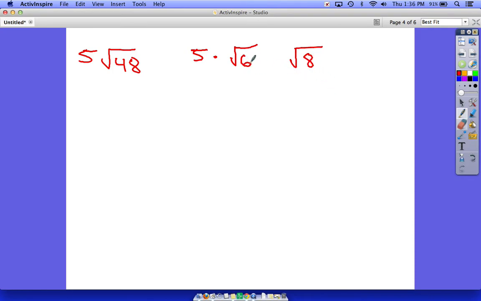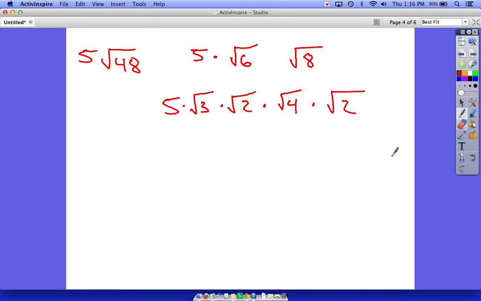Now, neither of these are perfect squares, but both of them I can branch off, so I can actually make new factors, which eventually maybe we can get some perfect squares. So let's try this. 5 times, so 6 can be square root 3 times square root 2. And then 8 can be square root 4 times square root 2.